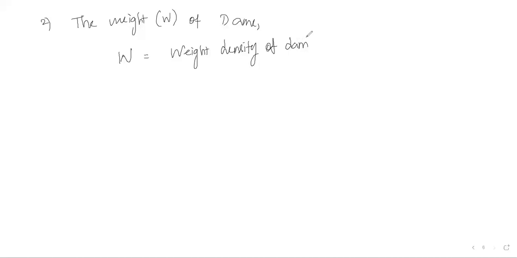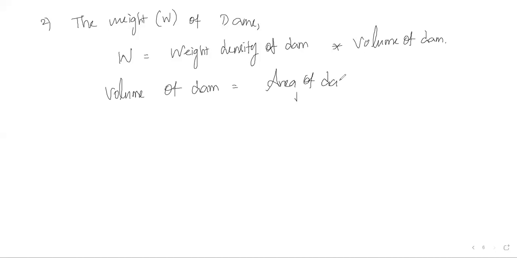Based on that, the weight density of the dam will change, multiplied with the volume of dam. So volume of dam is equal to area of dam multiplied with length. Here the length of dam we have considered as 1 meter, as in the previous case also.